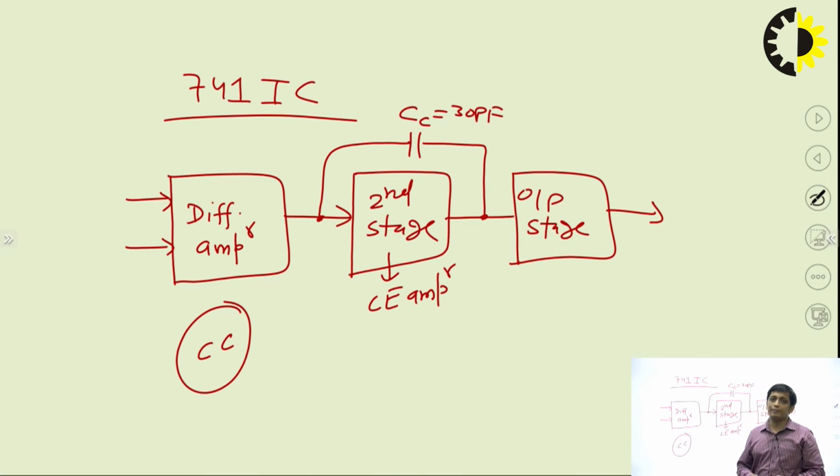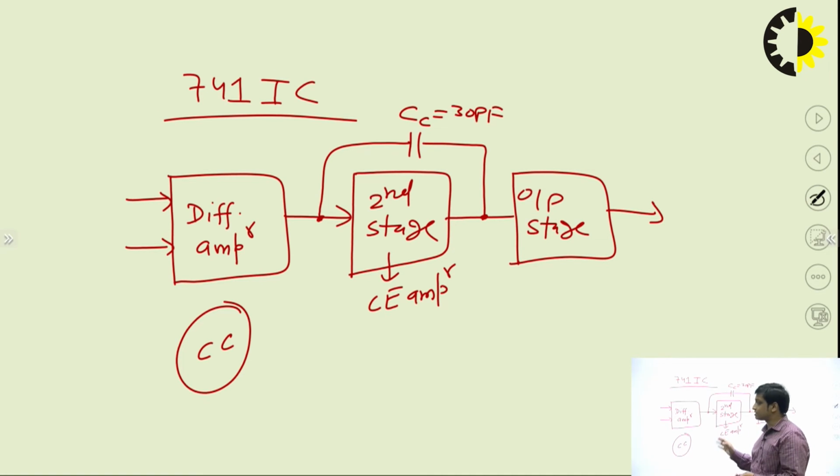That is also called emitter follower, because the advantage of the emitter follower circuit is that it has high input impedance. That's why in 741 IC the input transistors are emitter followers. If it has high input impedance, then there will be no loading effect and the signal loss will be very less. That's why we have used this common collector configuration.